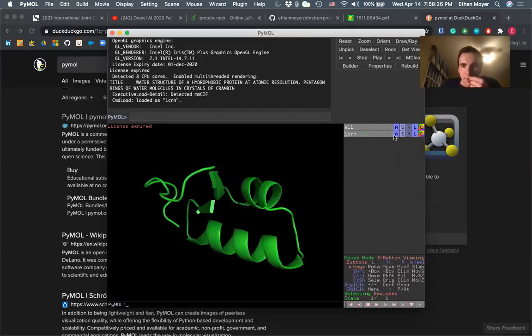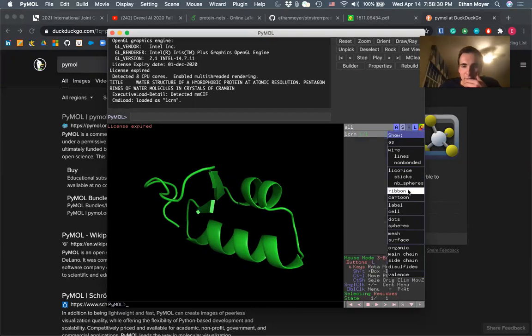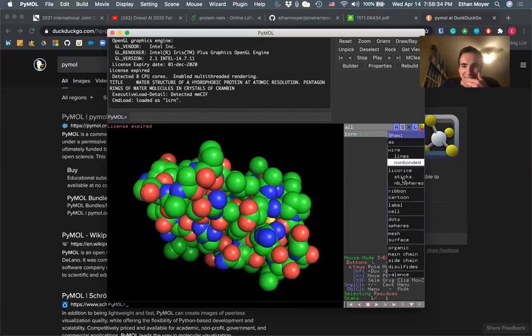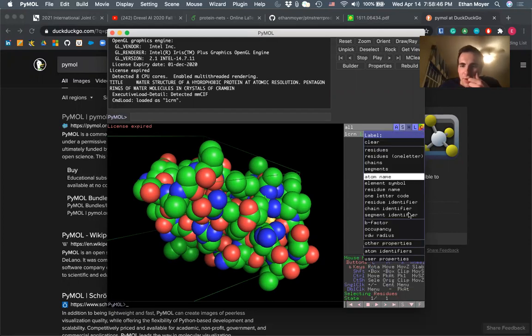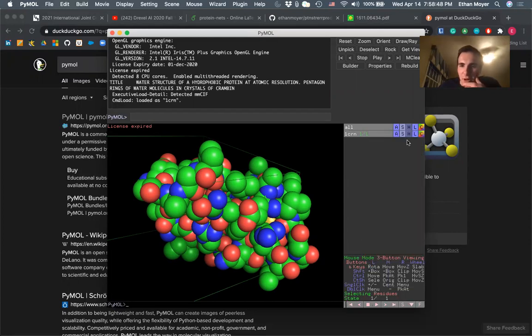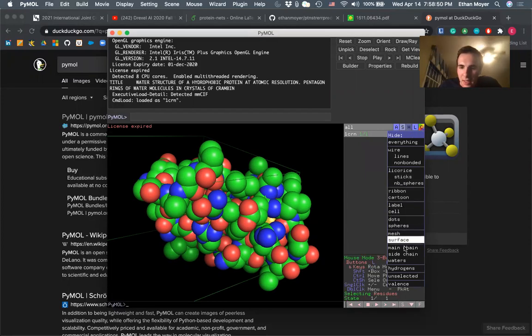It's like in show as spheres, show as dots, lines, sticks.